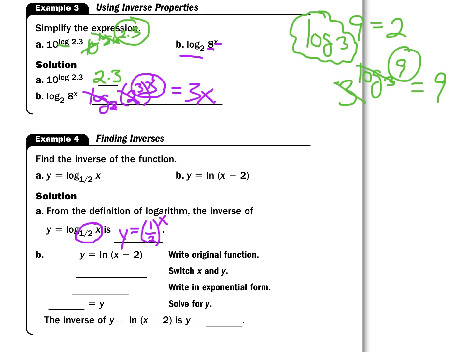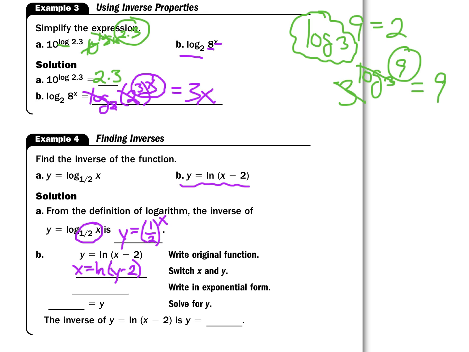Okay. So then for a little more complex one, we switch x and y, just like we do for other inverses. So x equals the natural log of y minus 2. And then we would write that in exponential form instead.